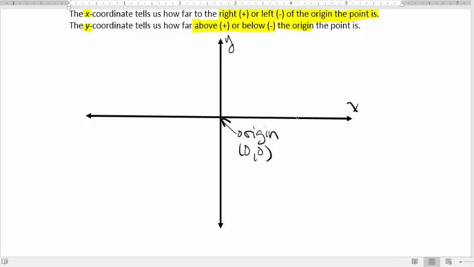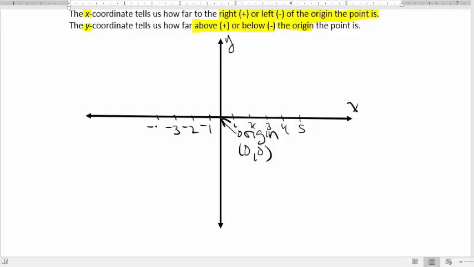And then you just start numbering it, right? So how does a number line work? 0 is right there in the middle, and then as you go to the right, you're going to have positive numbers, and as you go to the left, you're going to have negative numbers.